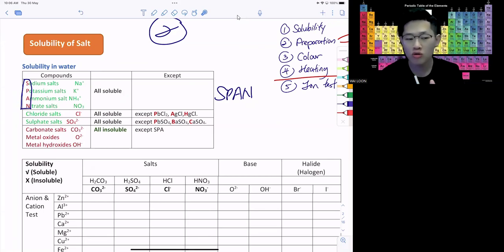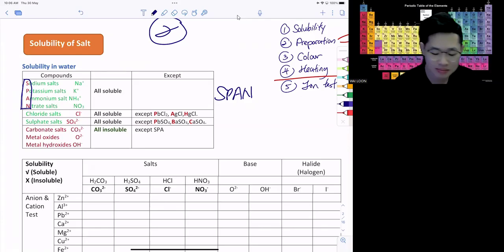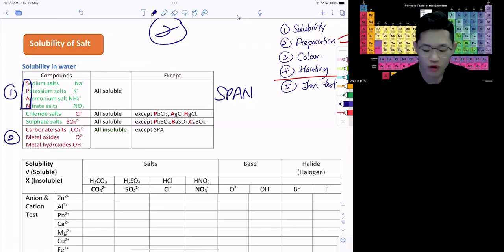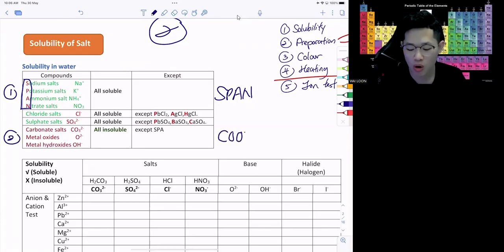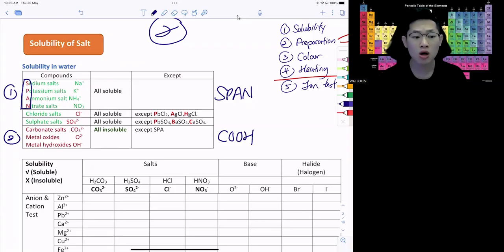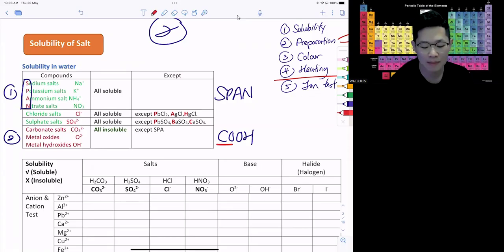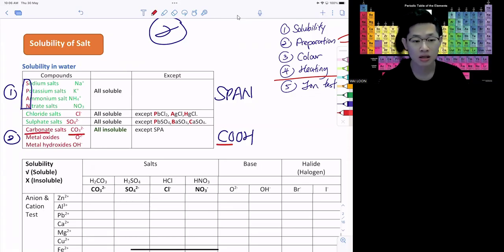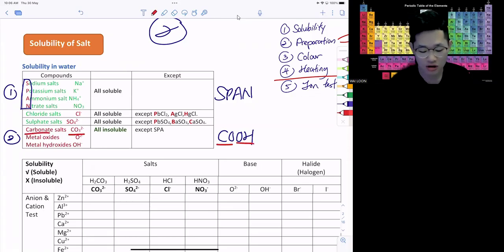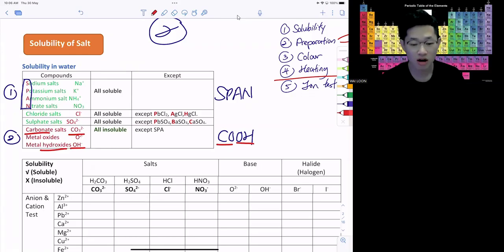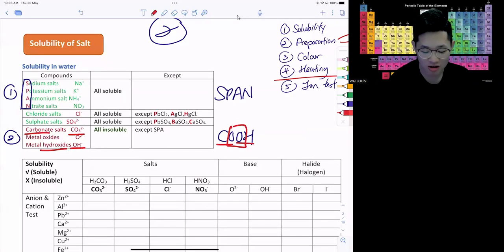If there's no SPAN, then we move on to the second group, which I call COOH. You have to see if the salt has CO, carbonate; OH, hydroxide; or O, oxide.